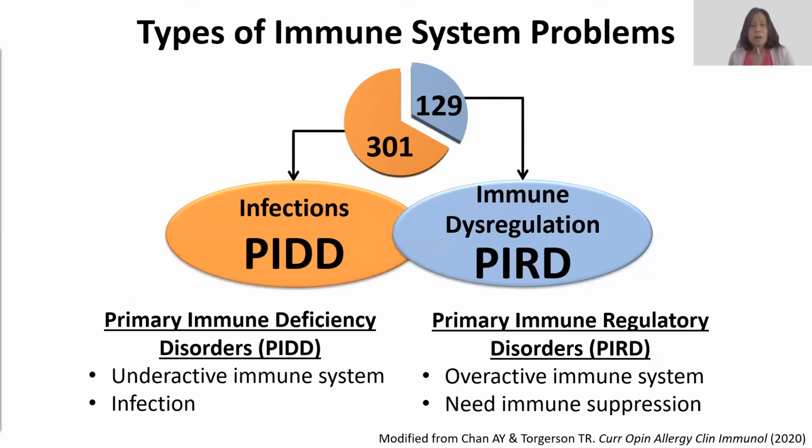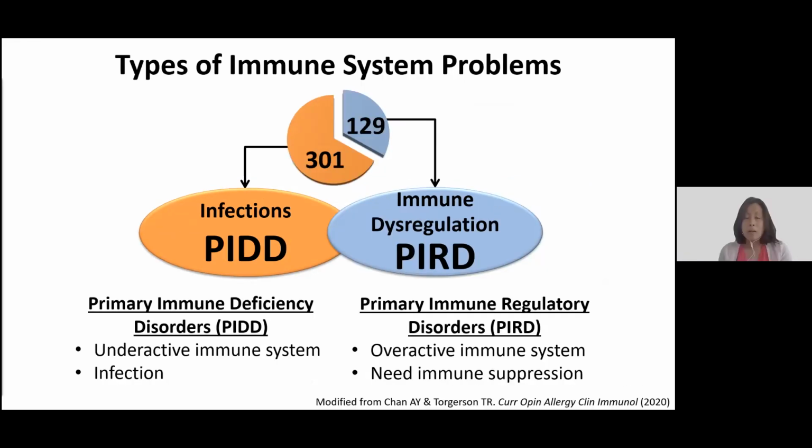So there are, broadly speaking, two types of immune system problems, and sometimes this can be called inborn errors of immunity. What we know based on the latest publication is there are roughly 430 genes that can cause immune system problems. Within those 430 genes, it can be divided into two categories.